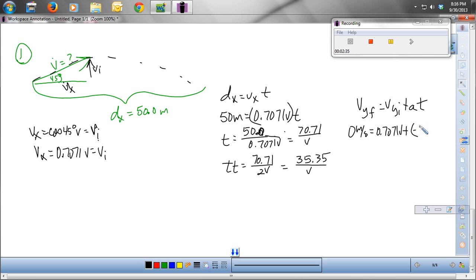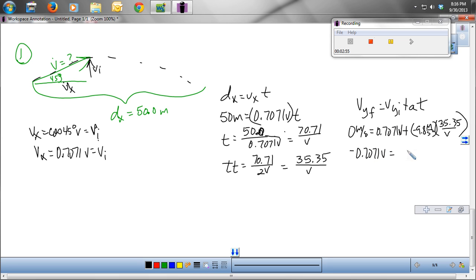Acceleration is going to be negative 9.8 meters per second squared because I'm talking about it rising. And then my t is going to be 35.35 over V. So notice I have a V here and a V here. So when I bring this over to this side, I get negative 0.7071 V equals, well, negative 9.8 times 35.35.